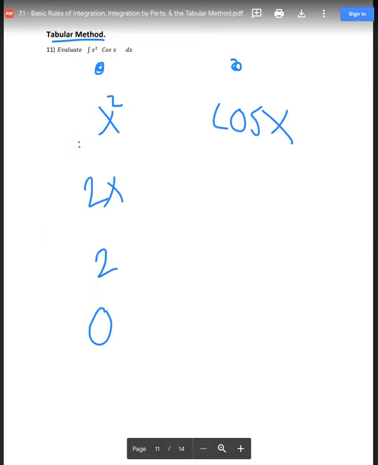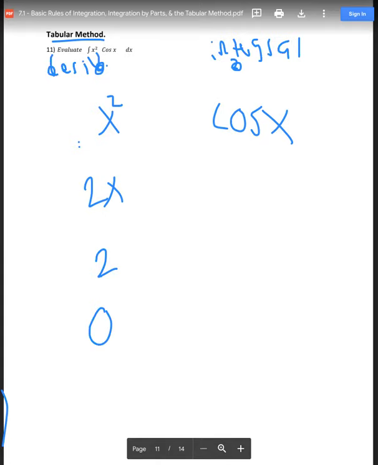So remember, this is derivative, this is integral. The integral of cosine of x is, give me a second. Isn't it sine of x? So yeah, it is sine of x.